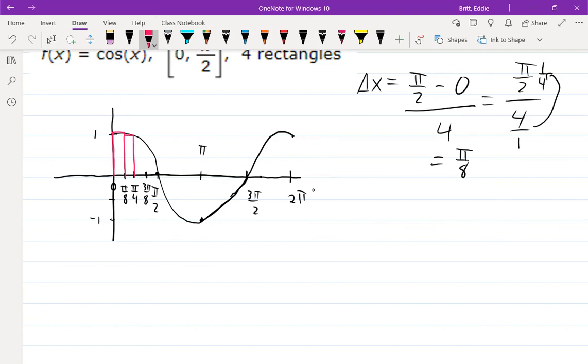And then my next rectangle is going to have a height of f of pi over 4. And then my last rectangle is going to have a height of f of 3 pi over 8. So you see, and my drawing is not the best in the world, but that makes those rectangles.